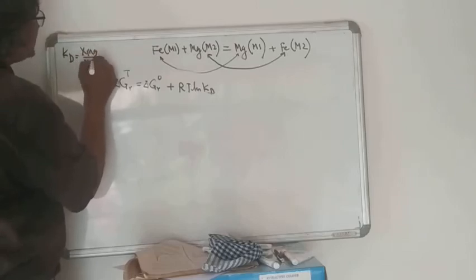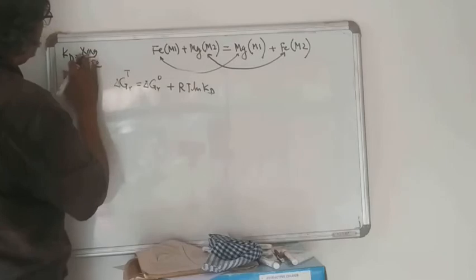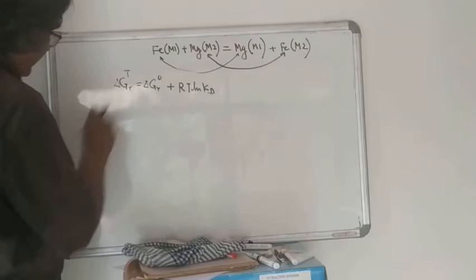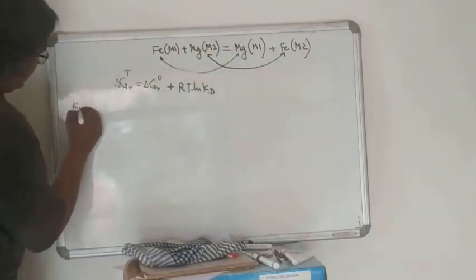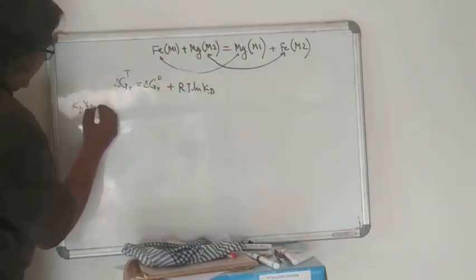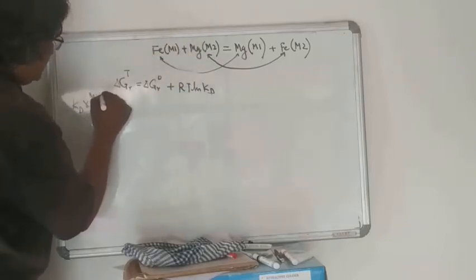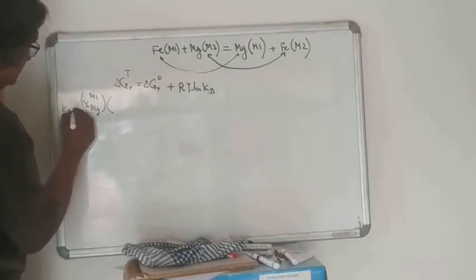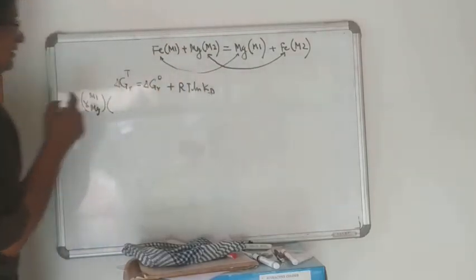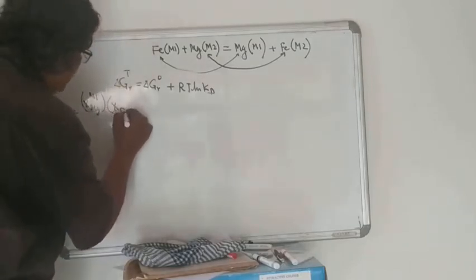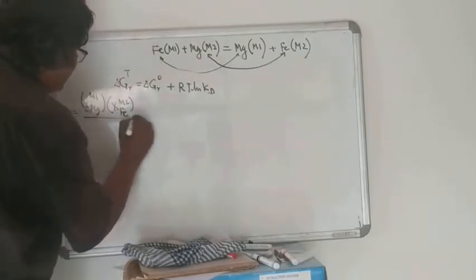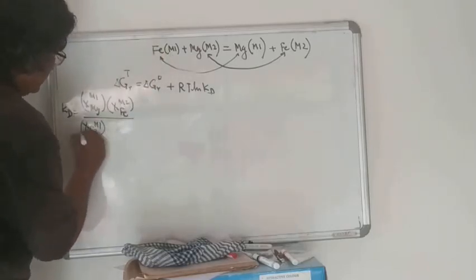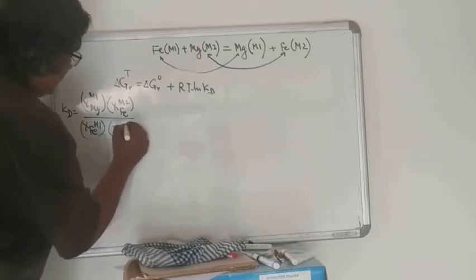X Mg by X Fe. So, if I write it normally, it will be X Mg M1 into X Fe M2 divided by X Fe M1 into X Mg M2.